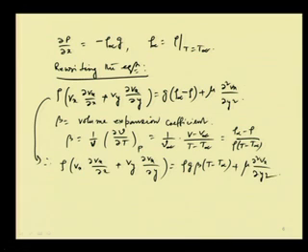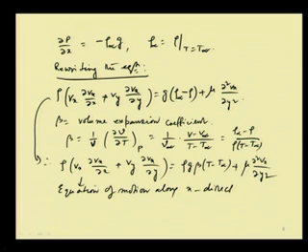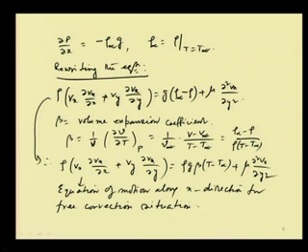So, this is called the equation of motion along the x direction for the free convection situation.